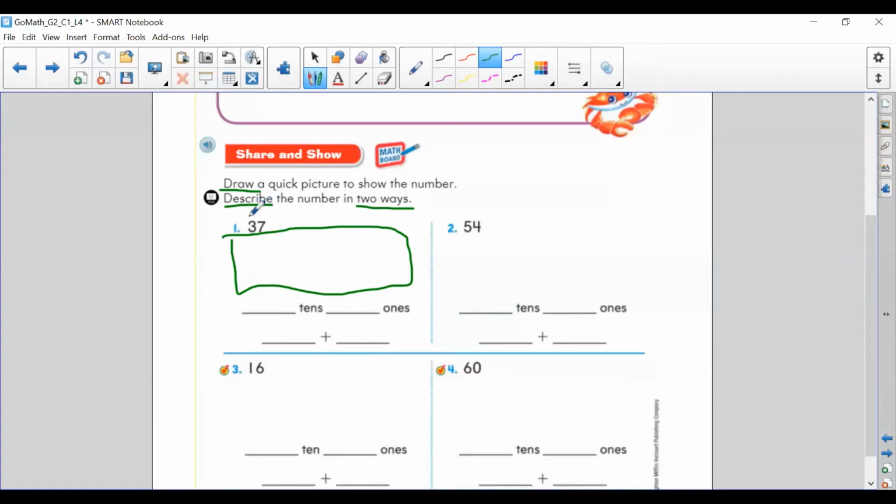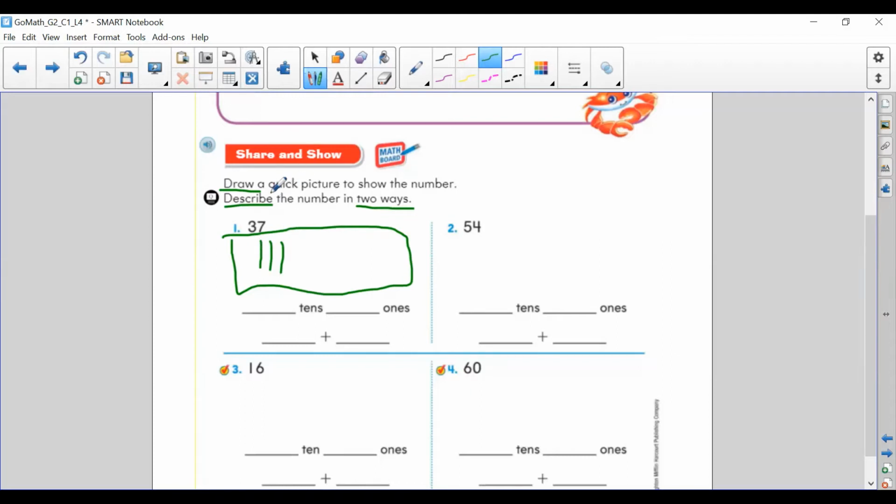So the number 37, we see that the tens are on the left, the ones are on the right. So how many tens do we see? In 37, we see 3. So we draw 3 tens. The tens are just straight lines. We do not need to draw the entire rectangle and draw the individual cubes.